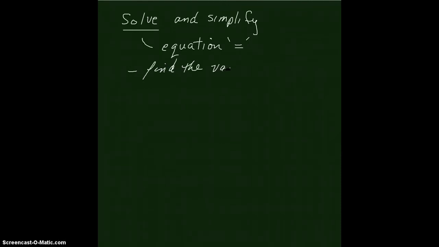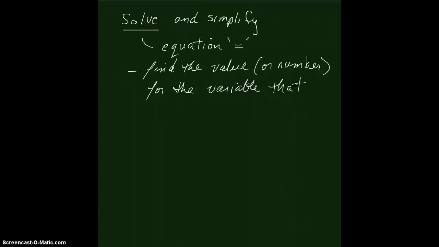So an actual number, the value or number for the variable, the one variable we've been talking about, that makes the equation true.